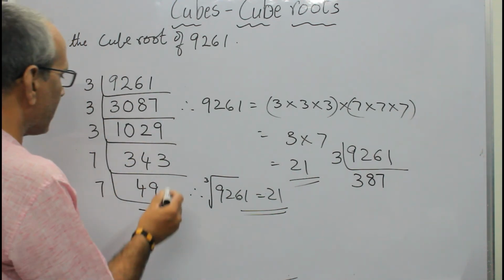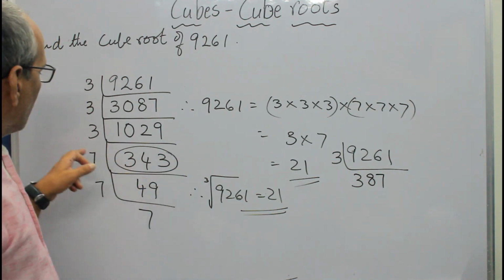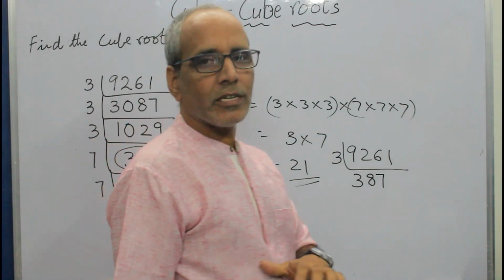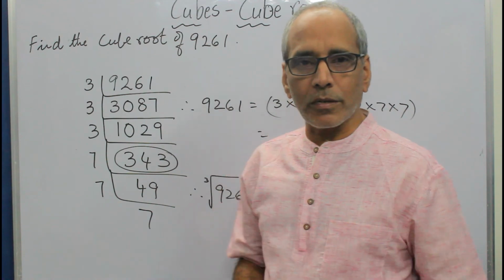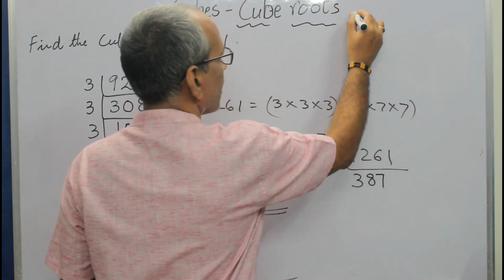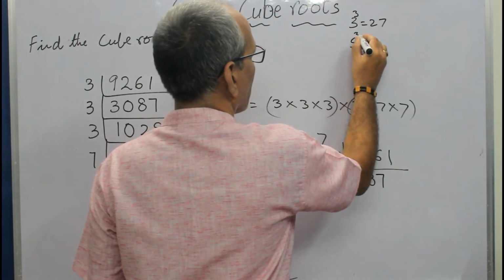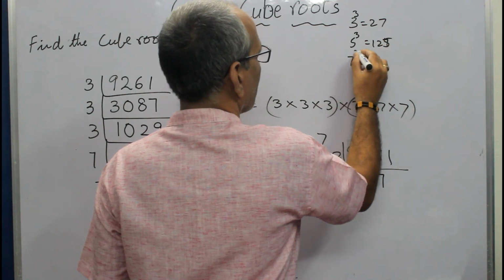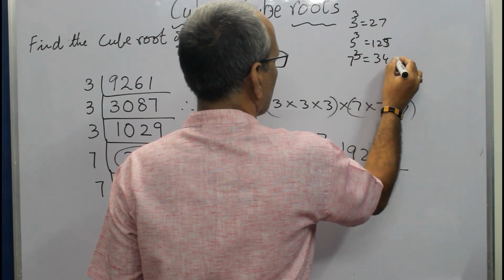And one more danger here is this. It is a cube of 7. So you must have some knowledge of finding the cubes of odd numbers, such as 3 cubed, 27, 5 cubed, 125, 7 cubed, 343.